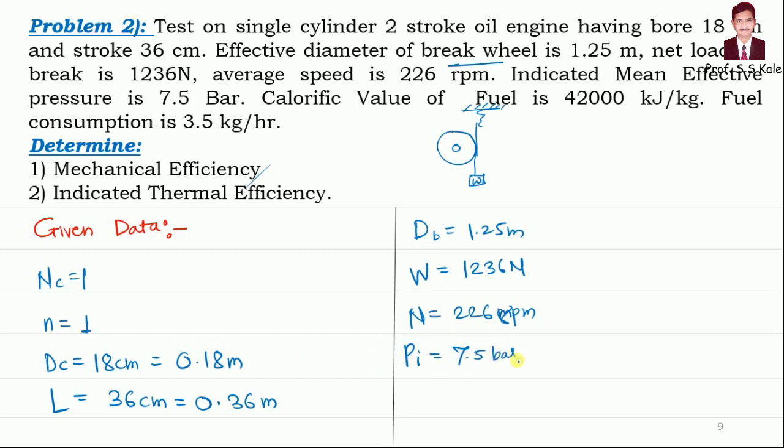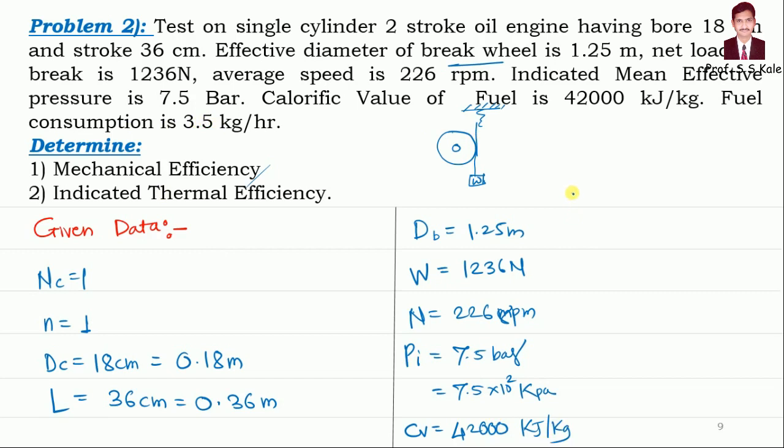That bar must be converted into kilopascal, so it will become 7.5 into 10 raised to 2 kilopascal. Calorific value CV is given as 42,000 kilojoule per kg.